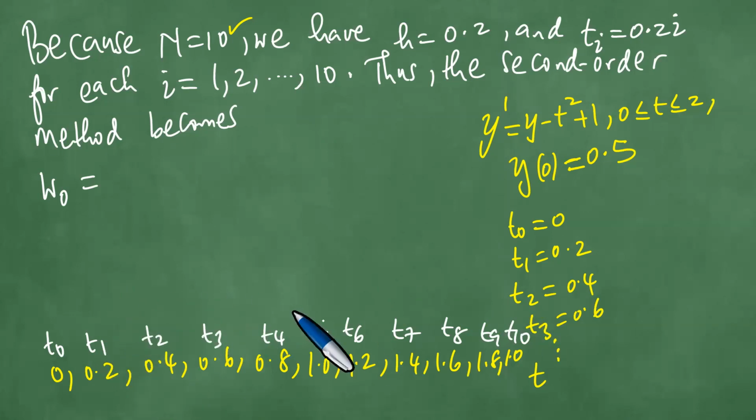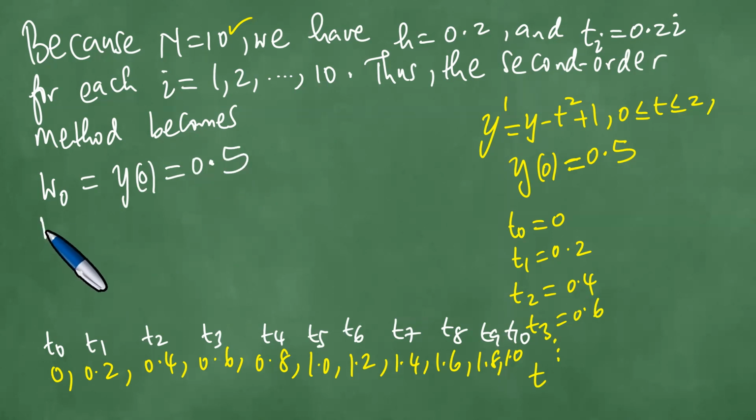Now let's see what else. We need to obviously do the calculations here, like we did with the Euler, but we are using second order. But now let's do the W0. W0 is always Y0. We saw with the Euler. So W0 is Y0, which is 0.5. What is W1?